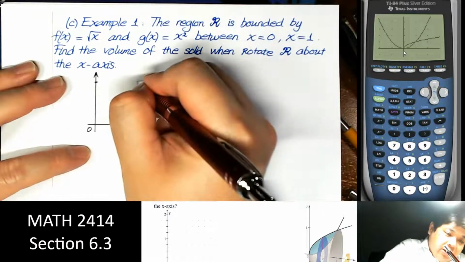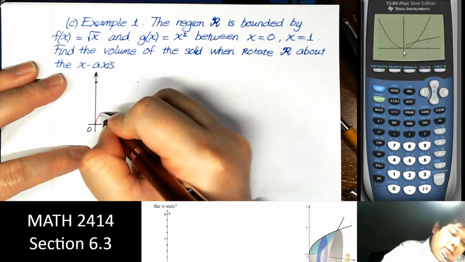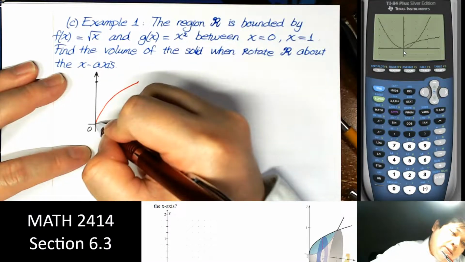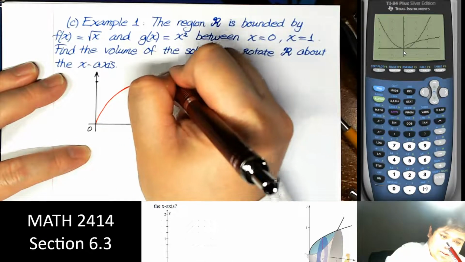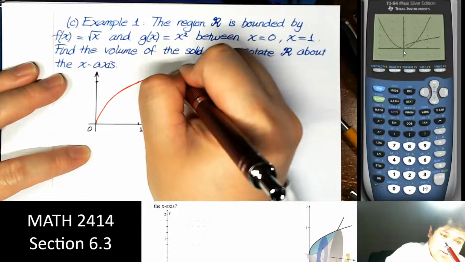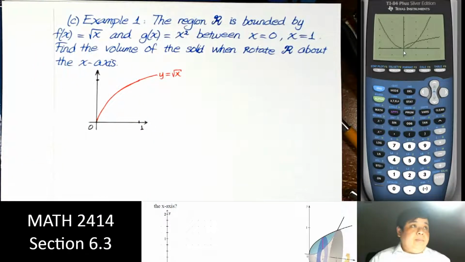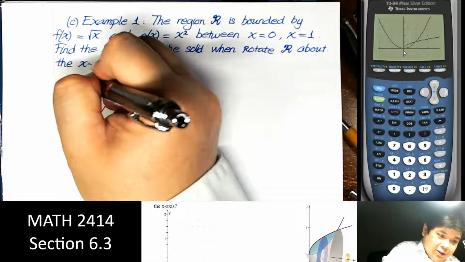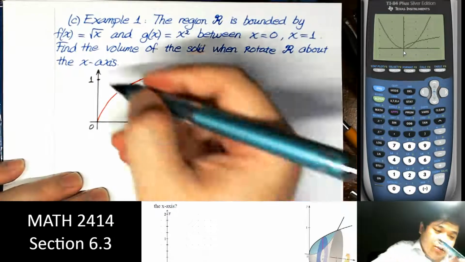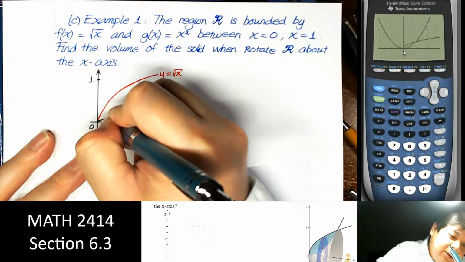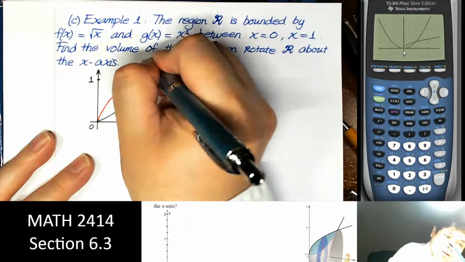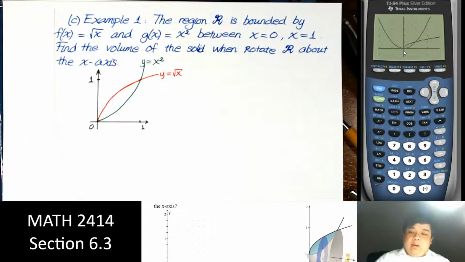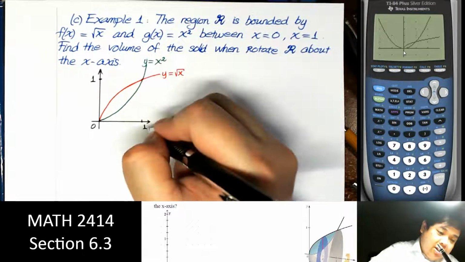Square root of x and then x squared. And we rotate about the x-axis.